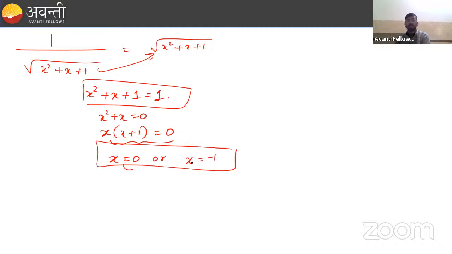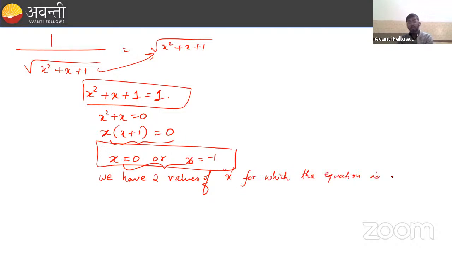So after solving this, we see that for two particular values of x, that equation is satisfied. Hence, we can say that we have two values of x for which the equation is satisfied.